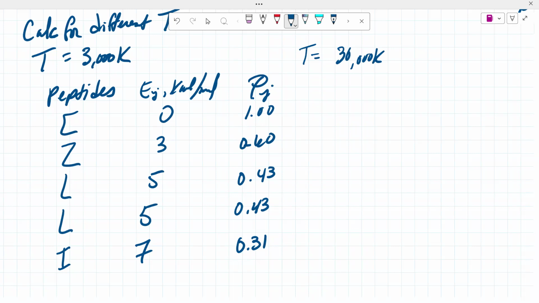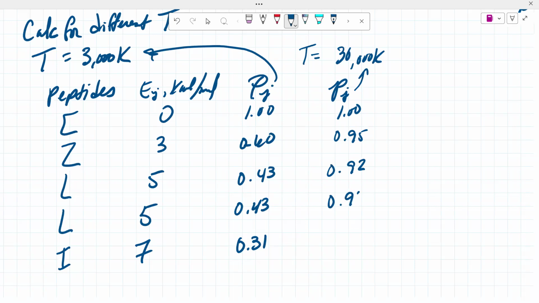So now we're going to calculate the P_Js again. These P_Js are at that temperature. Okay. For the C peptide, it's 1, 0.95, 0.92, 0.92, 0.89.